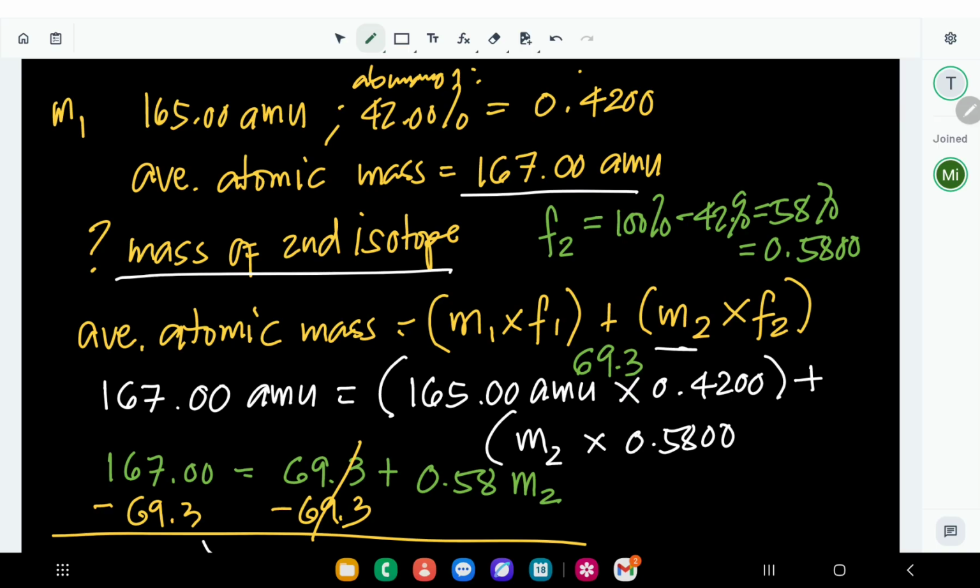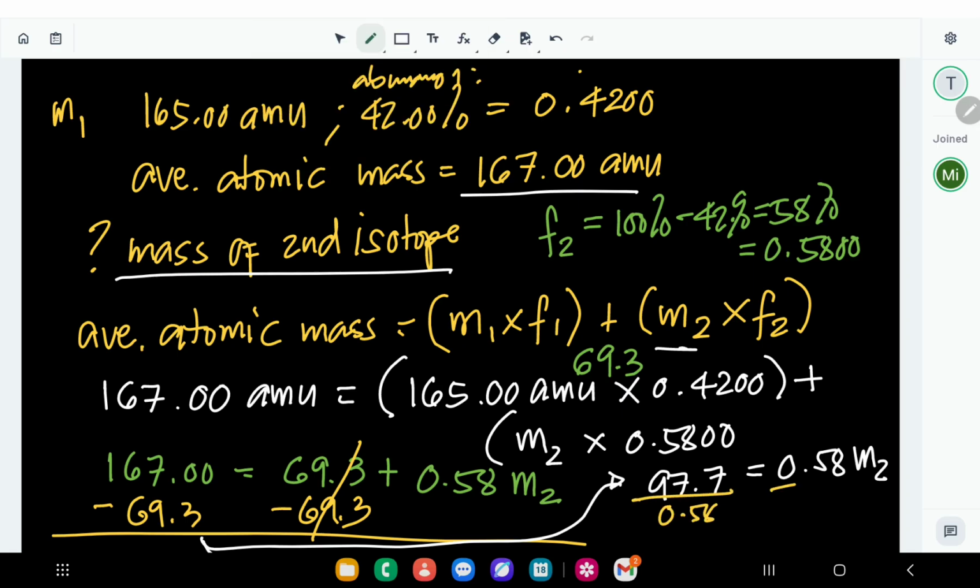So 97.7 equals 0.58 m sub 2. We divide both sides by 0.58. Then we get the value of m sub 2.